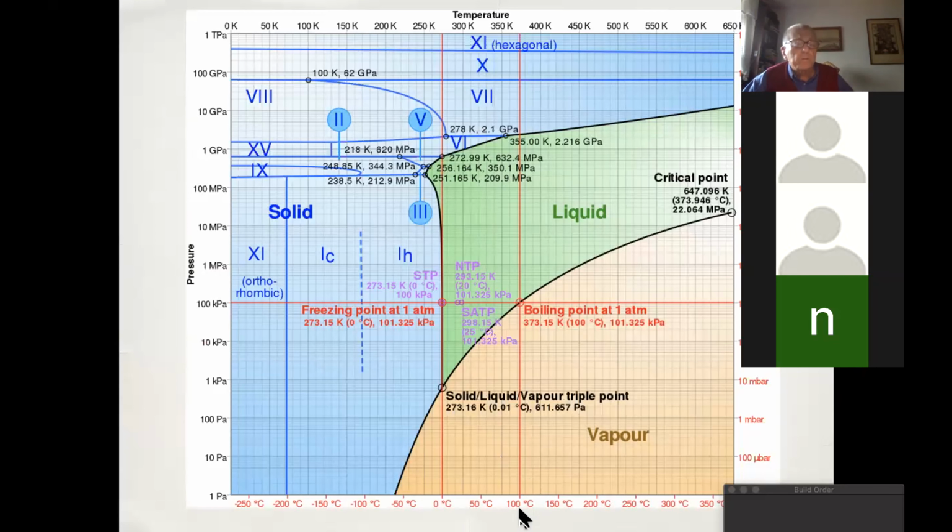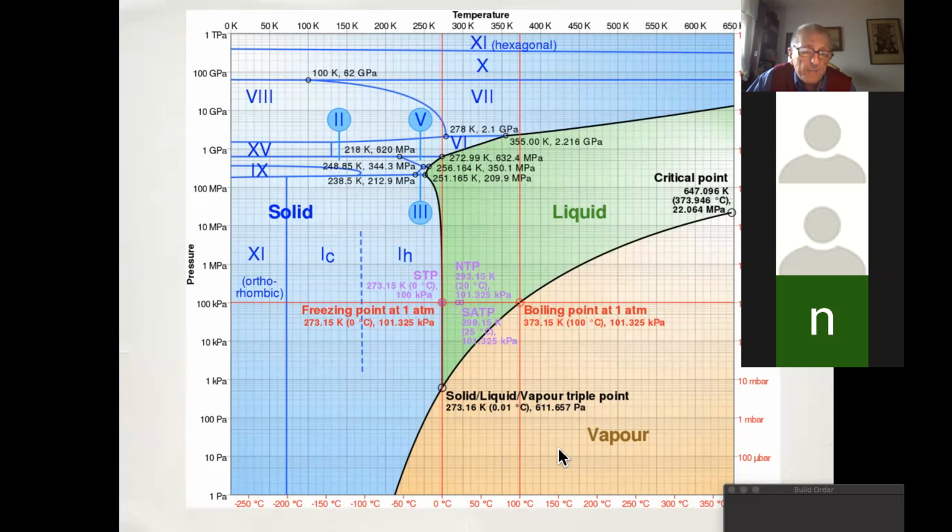This is a true physical phase diagram of water. And this brownish region is the region where we live. We are living in a very tiny, narrow area around this line, from slightly to the left of the freezing point to slightly to the right of the boiling point, and a little bit above and below.